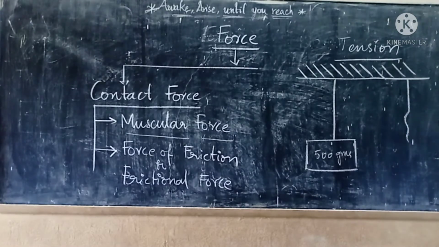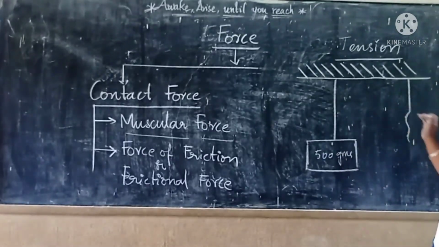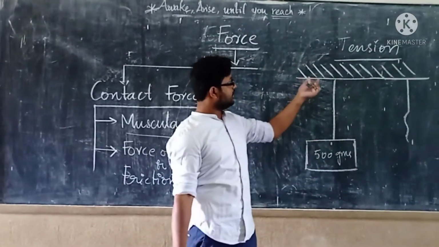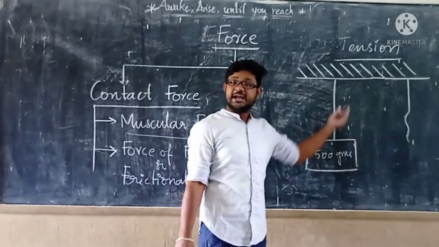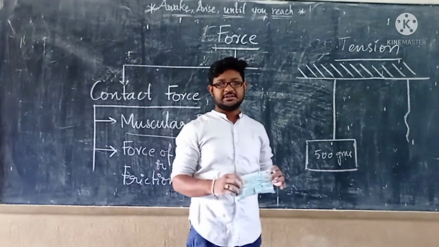It is left free. Okay. Now what is the difference between this string and this string? If you observe clearly, this string which is holding the weight becomes stiff enough. Okay, it becomes tight enough. Is it right or not?